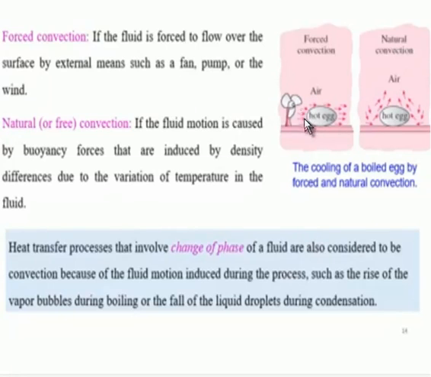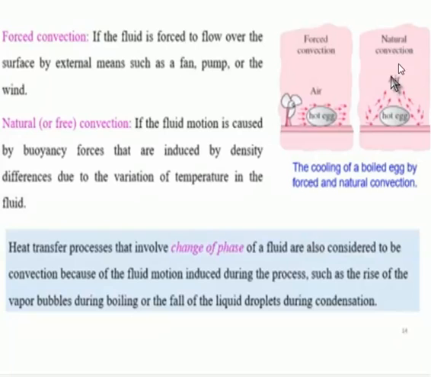Such type of convection is called forced convection. You can use the fan, the pump, or the wind to forcibly flow the air over the hot body.